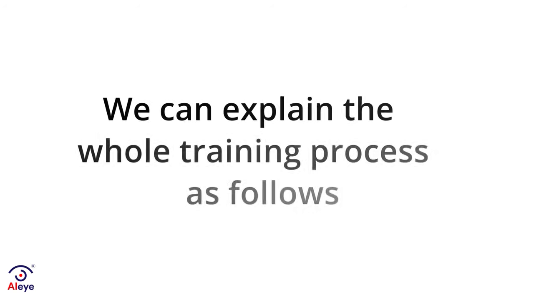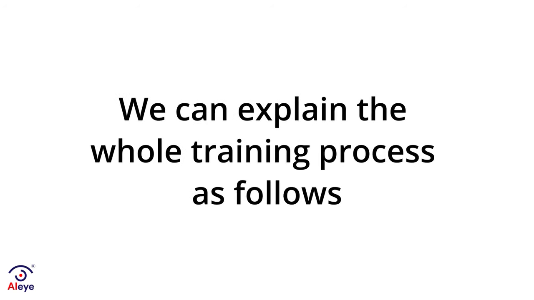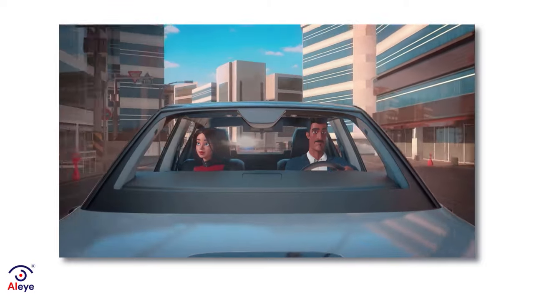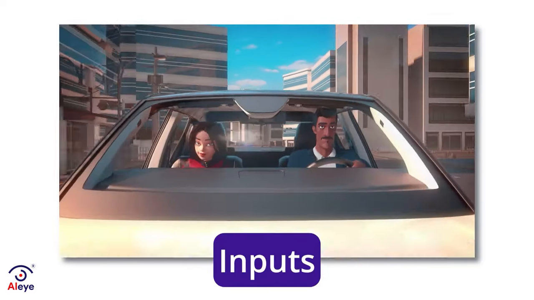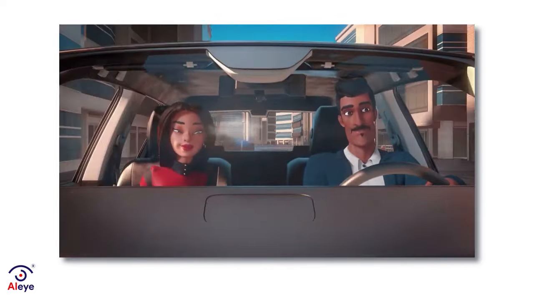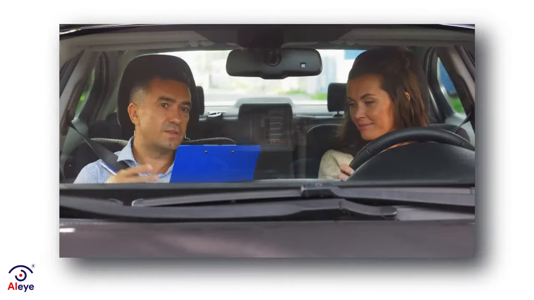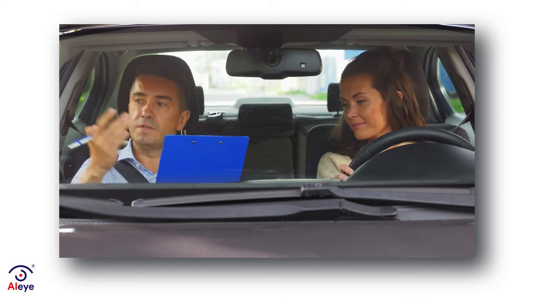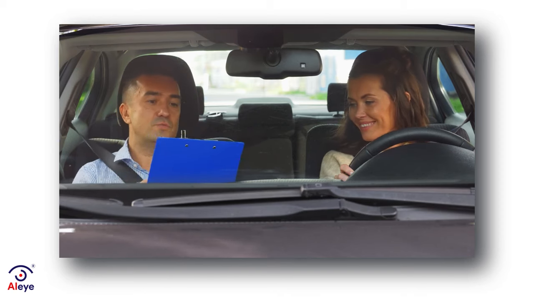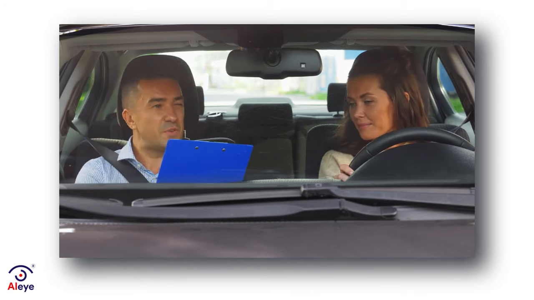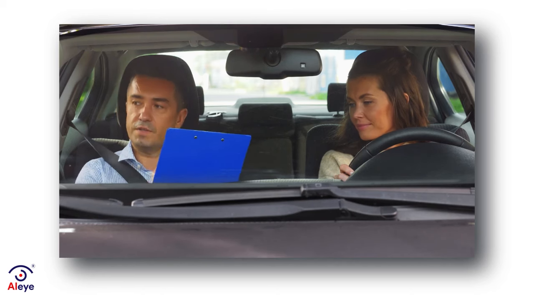We can explain this whole training process as follows. Based on what you see, the inputs, you generate driving actions, or the outputs. Your trainer observes your driving actions, or the outputs, and gives you step-by-step instructions on how to correct or improve those driving actions.